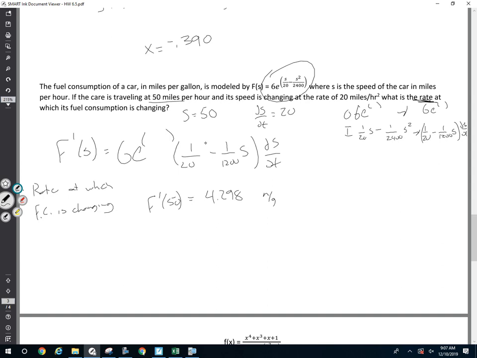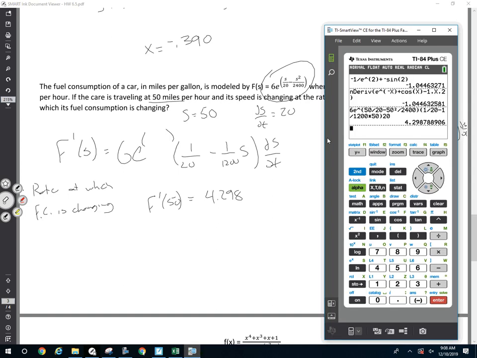Oh, miles per gallon times gallons times s is miles per hour, and ds dt is miles per hour squared. No, I'm not going to worry about the units for the fuel consumption changing. I'm sure it's like miles per gallon per hour squared or something like that.